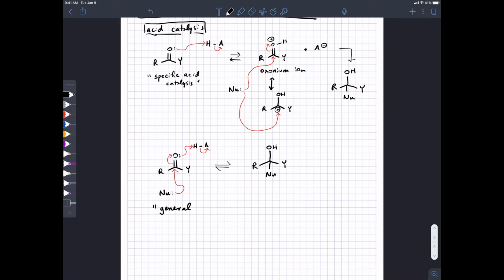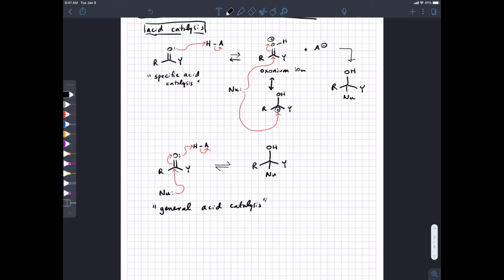If the carbonyl oxygen gets protonated at the same time as the nucleophile attacks, that's called general acid catalysis. So those are the two options. You can protonate first and the nucleophile attacks, or you can do it at the same time. As to which one is favored, it won't really matter for our purposes.